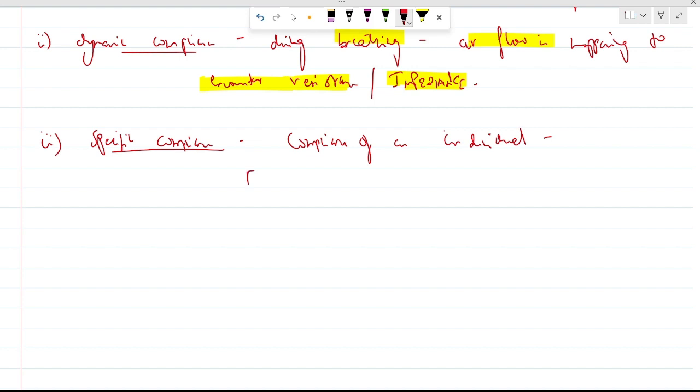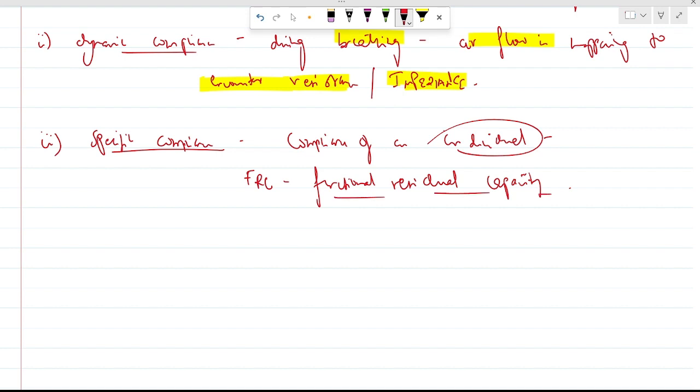Here we encounter the FRC, the functional residual capacity. So we have three types: static, dynamic, and specific. Static is during breath holding, dynamic is during breathing, in which the air encounters resistance or impedance, and specific compliance is the compliance of an individual, which is our FRC.